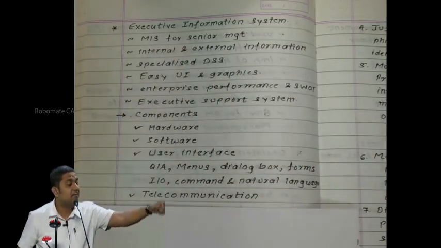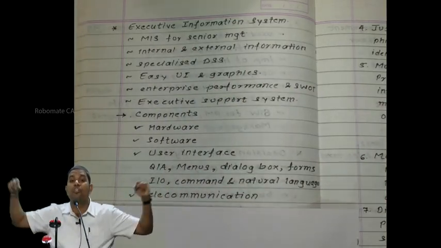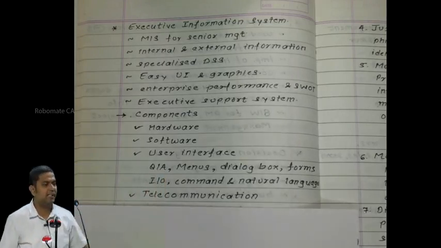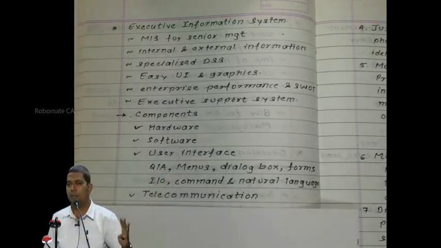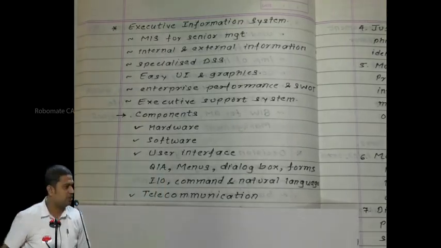Internal information is the information within the company, and external information is the information outside the company. The details about the market, the customers, the competitors, the government, maybe the climatic condition, are external information.